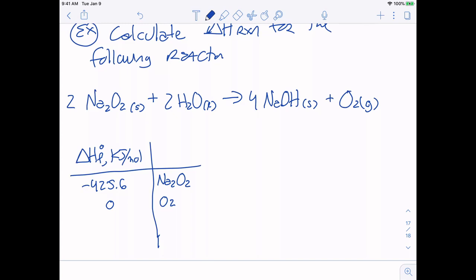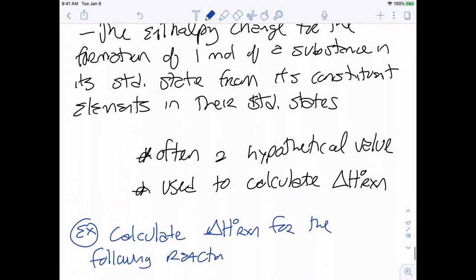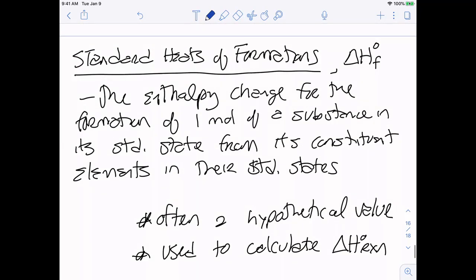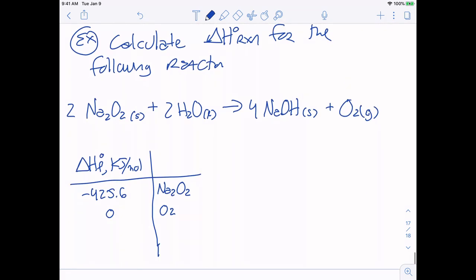Remember the definition of heats of formation. We're actually forming a substance in its most standard state from the elements that make it up in their most standard states. So for oxygen, my delta H F naught, what I'm doing is forming O2 from the elements that make it up, which is oxygen, in its most stable form, which is O2.